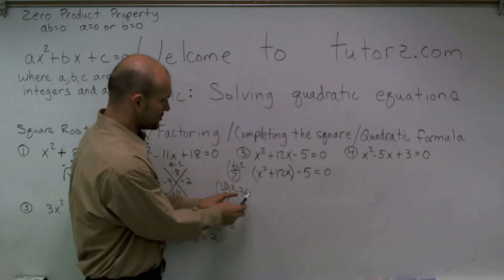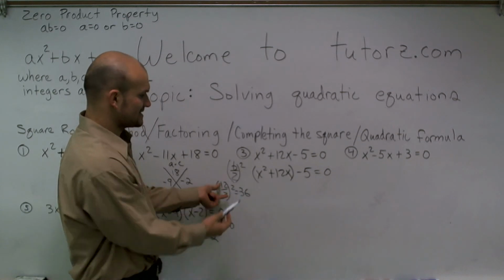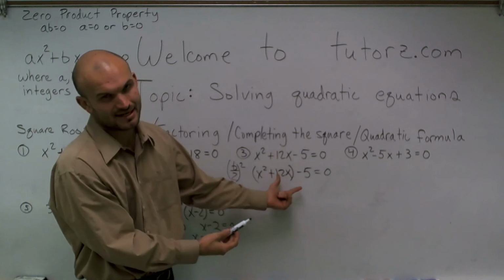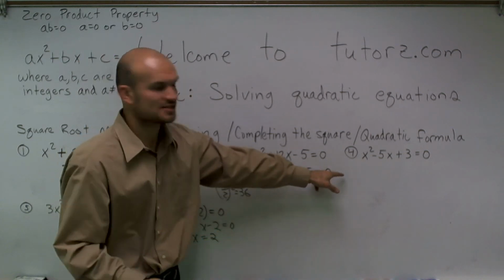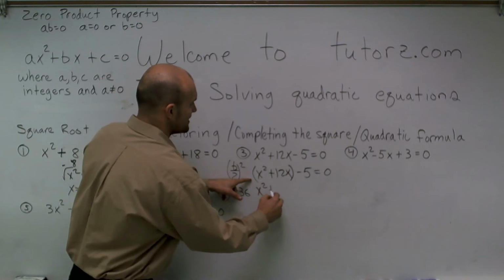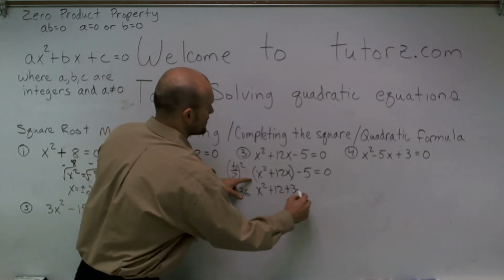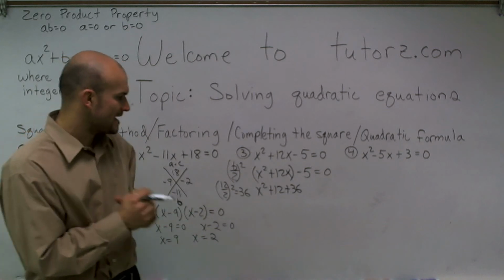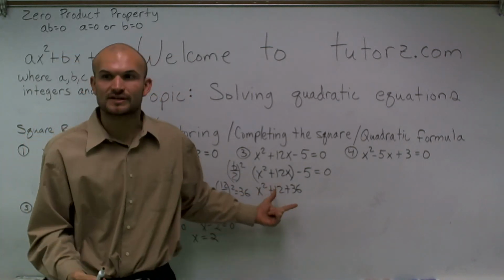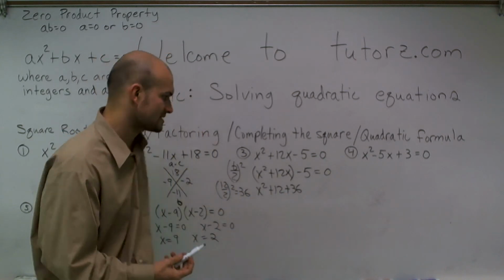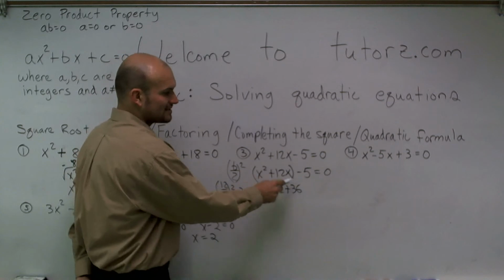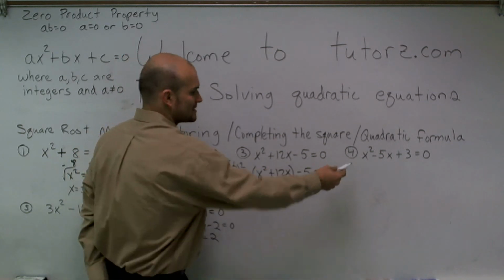Now remember, we're solving this. What we're going to do is add 36, which comes from my middle term, inside the parentheses on the left side of my equation, and also to the right side of the equation. The reason I'm adding this inside my parentheses is that I've now created a perfect square binomial, which I'll show you in just a second.